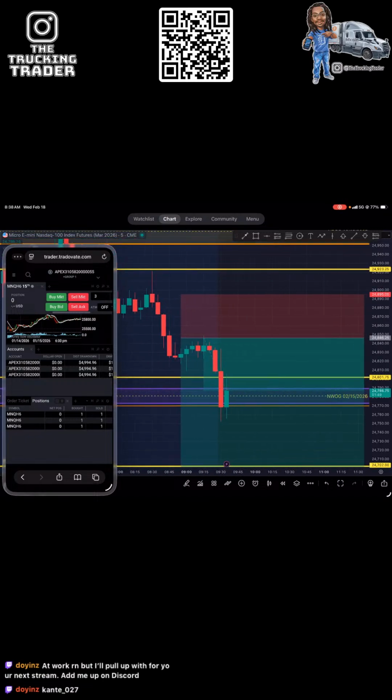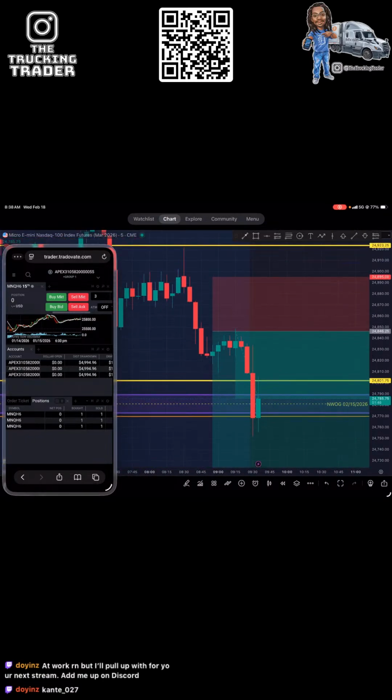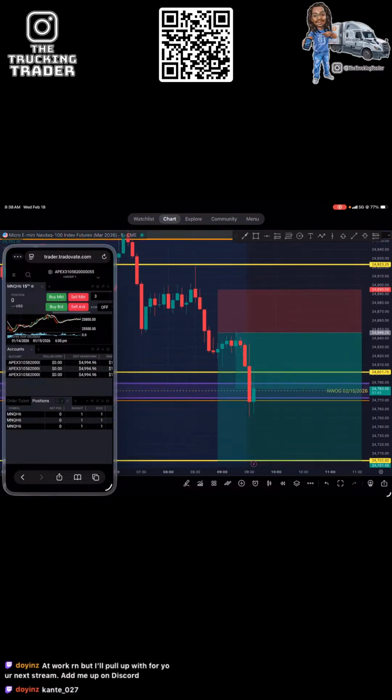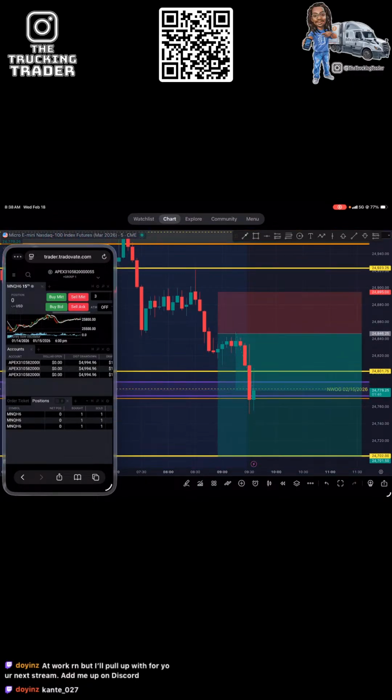All right, so I'm just going to be looking for this over here, to see if we can pull it back up and then get a continuation to the downside. All right, so we're pulling back up very close to the zone that I am looking for.